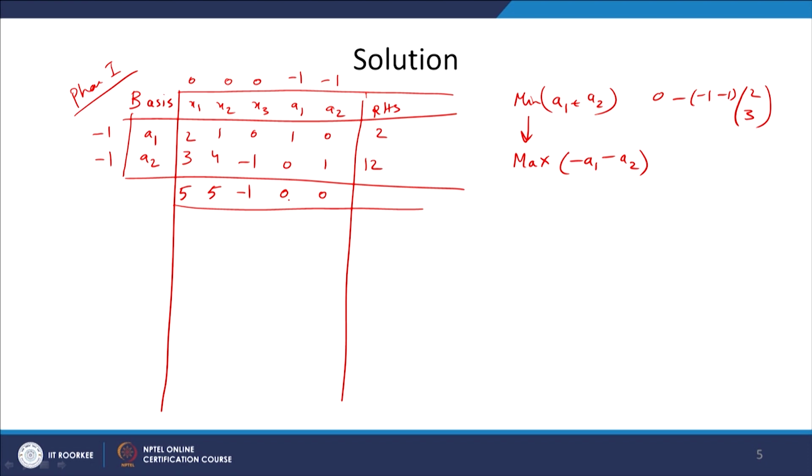Next, we perform the test for the incoming variable, and we find that x1 is taken to be the incoming variable, although you can choose between x1 and x2, the iterations will vary, but finally the solution will be the same. And the minimum ratio test tells us we have to find the minimum of 2 by 2 and 12 by 3.